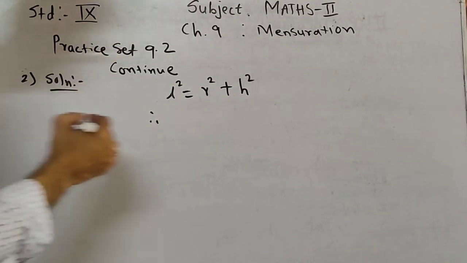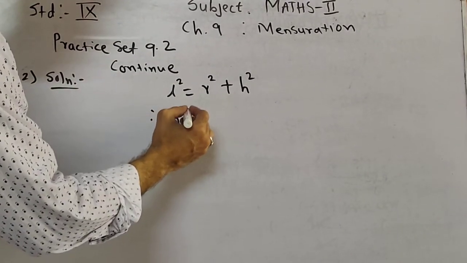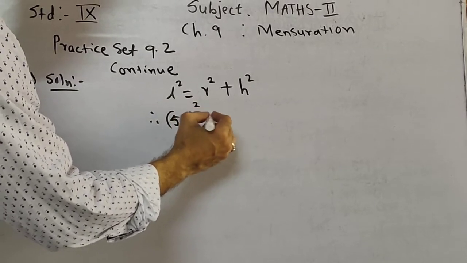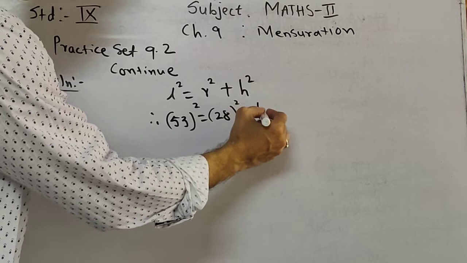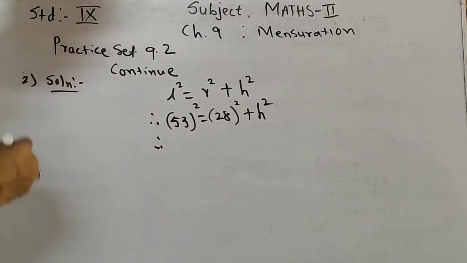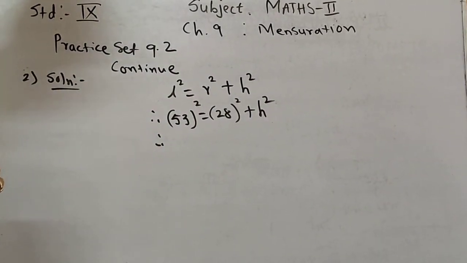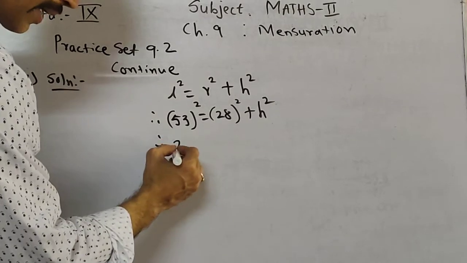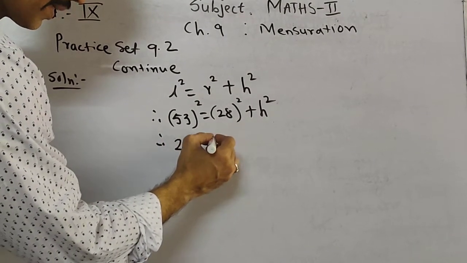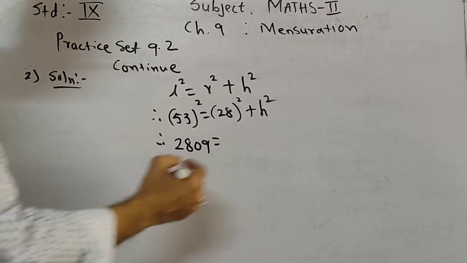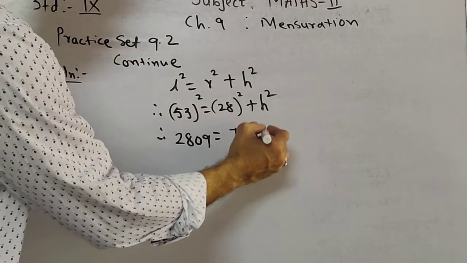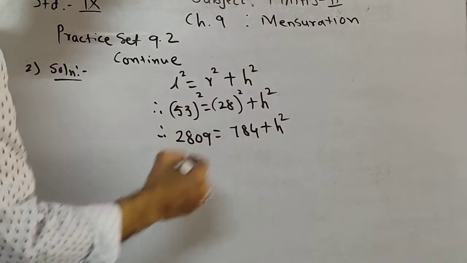Slant height is 53, so 53 square, R is 28, so 28 square plus H square. So 53 square you will get 2809, and 28 square you will get 784 plus H square.